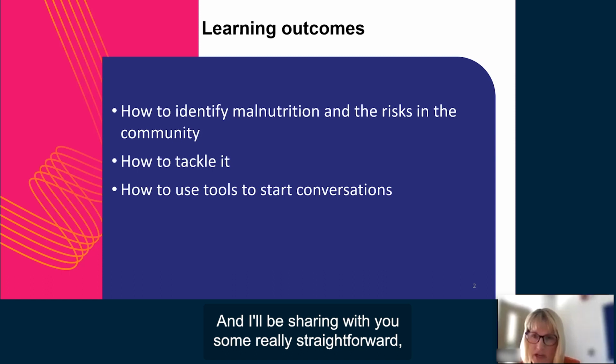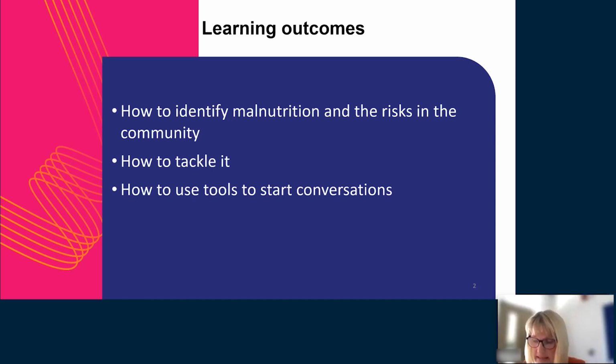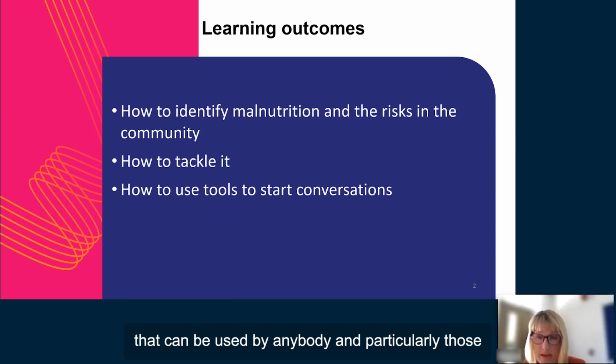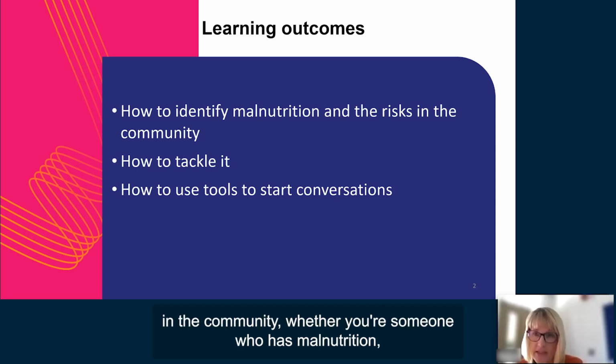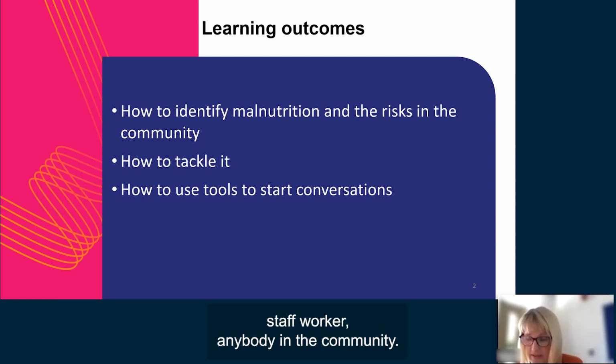I'll be sharing some really straightforward, easy to use tools that we've developed together collaboratively, that can be used by anybody, particularly those in the community, whether you're someone who has malnutrition or a care worker, a care home staff worker, anybody in the community.